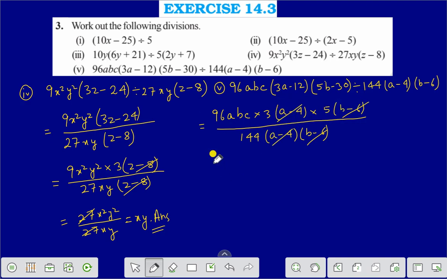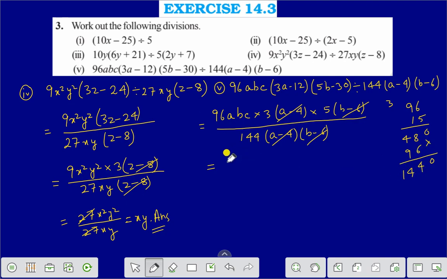Then we are getting 3 times 5, 15, 96 times 15. 5 6s are 30, 45, 348, 6 1s are 6, 9 1s are 9, 0, 8 6s are 14, 4 carry 1, and 1 10, 10 plus 4 is 14, 1440.